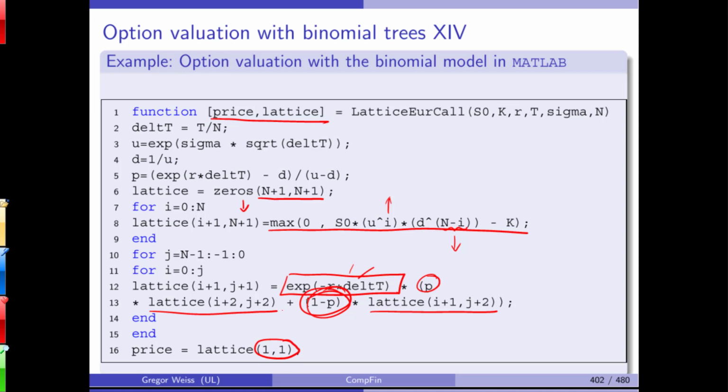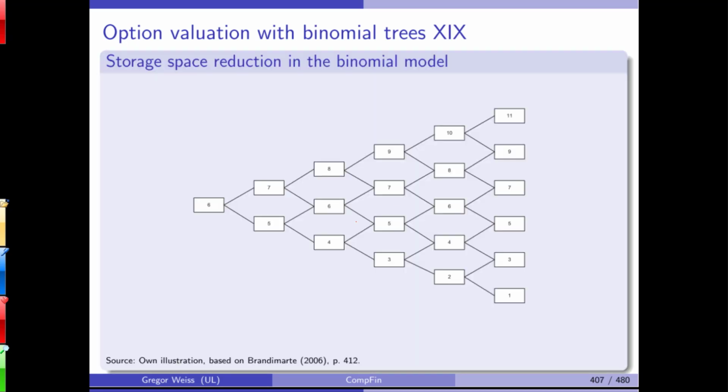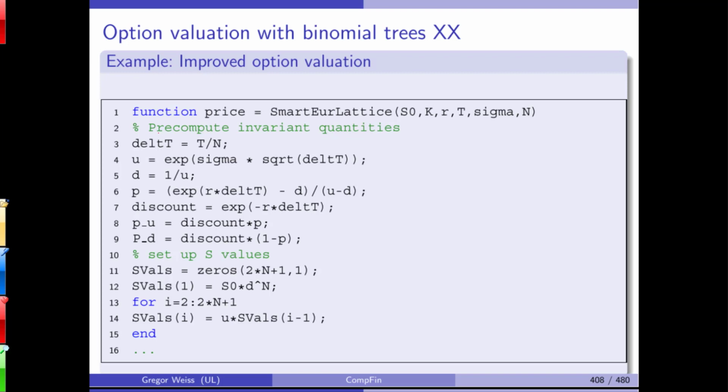So these are the 2 improvements we have in the next program. First of all, we are using this special form of the matrix. We can actually boil it down to a vector and save a lot of space. And we can make it a little bit faster. So that's here. We pre-compute those invariant quantities, del n u dp, the discount factor, pu and pd, those are the discount factors times p and 1 minus p.